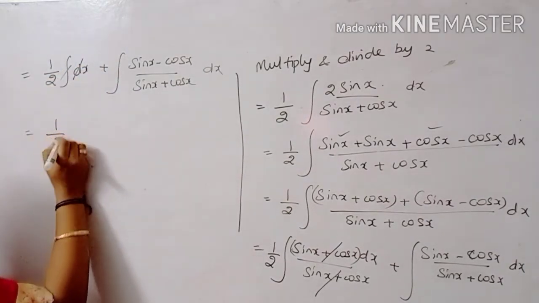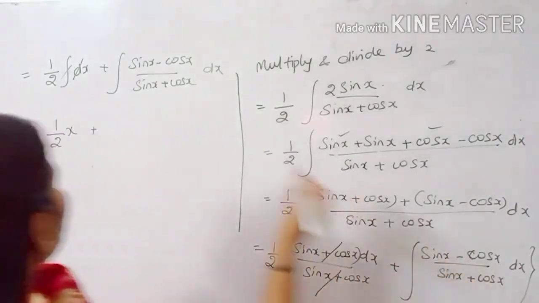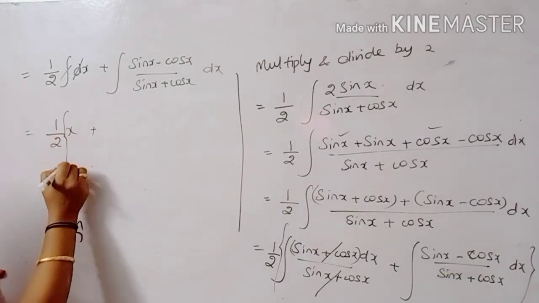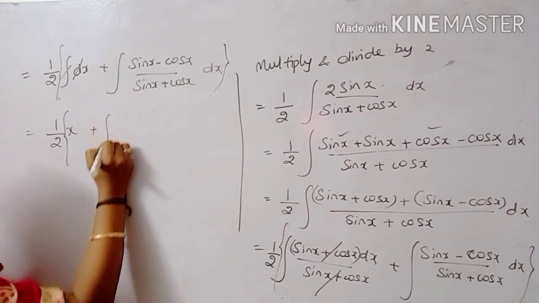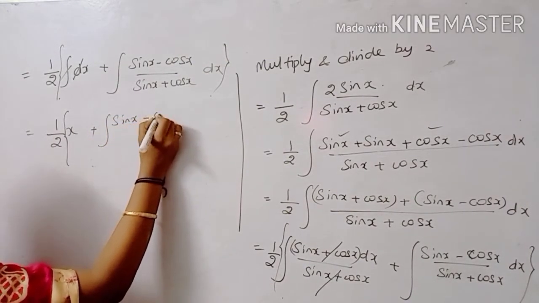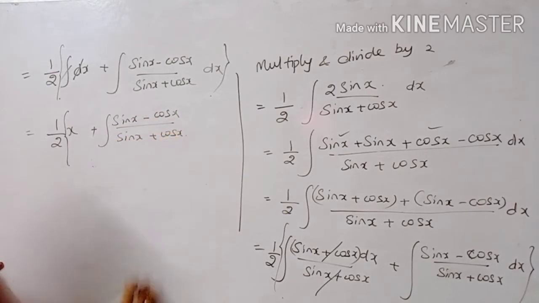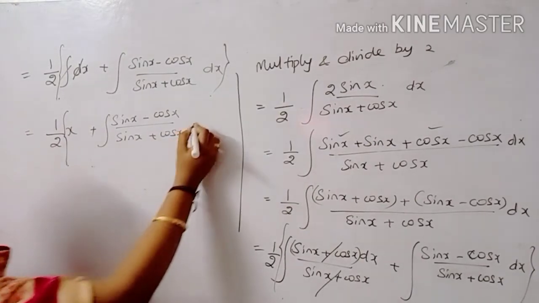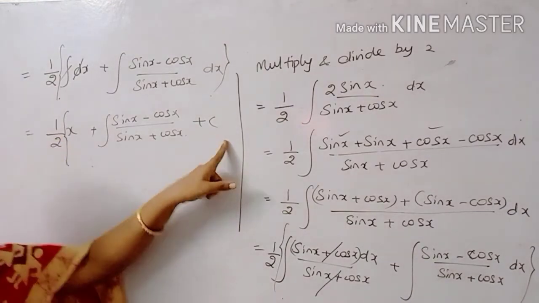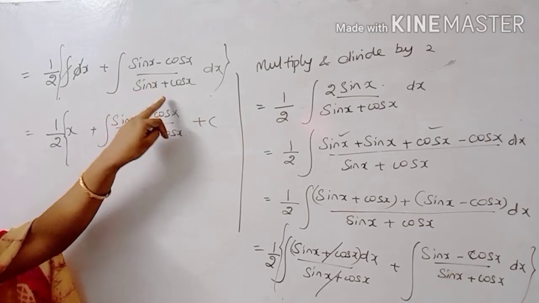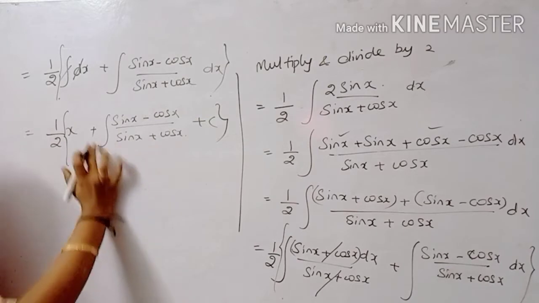So the remaining is 1 by 2 x plus, this 1 by 2 is common for both the terms, plus we are left with integral sin x minus cos x divided by sin x plus cos x, and here we can add c because integral and differential is cancelled. Either you can add c in this step or after integration we can add. Anyway, both are correct.